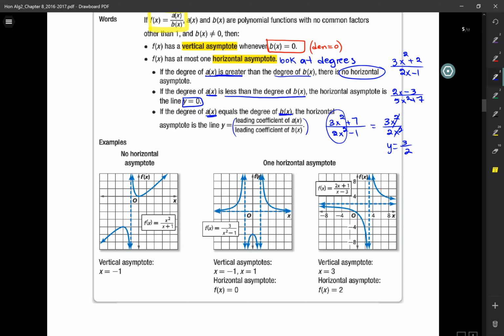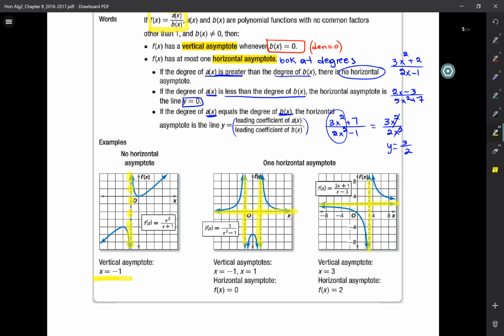Here are some examples where in the first case, there is a vertical asymptote at x equals -1 right there. Right? That's a vertical asymptote. Here, you have a horizontal asymptote and 2 vertical asymptotes. Here you have 1 horizontal, 1 vertical. Okay.